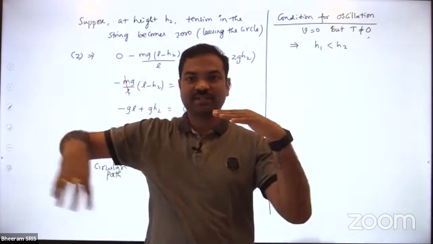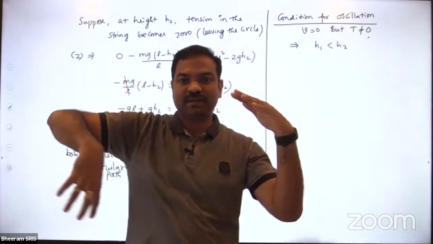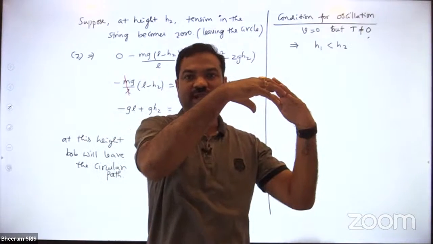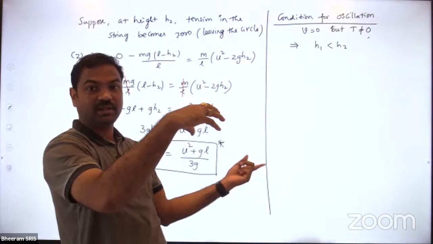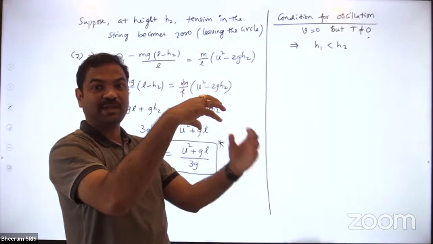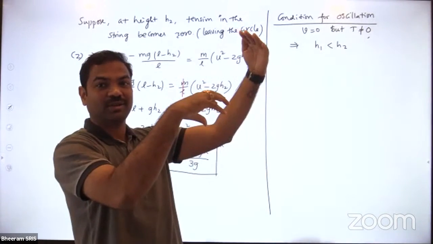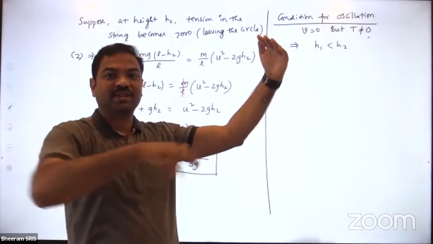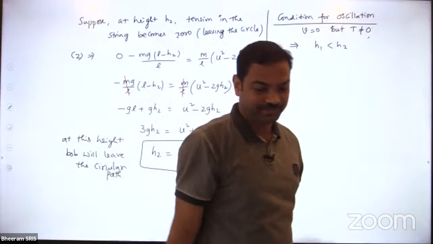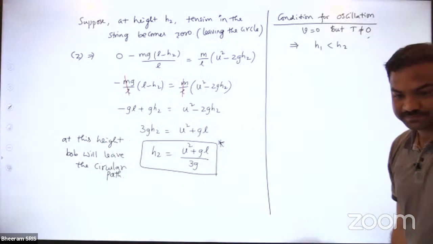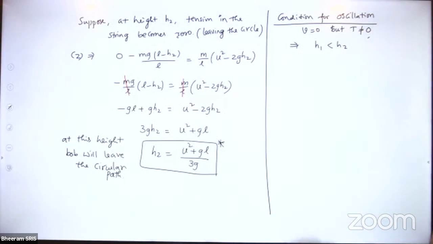So pendulum will reach first what height? H1 height. As soon as the pendulum comes to H1 height, what will the speed become? Speed will become zero. As speed is becoming zero, will it reach H2 height? No. So it will come back again. That means it never reaches the H2 height, so tension value never becomes zero. You understood this logic? Got it clearer?